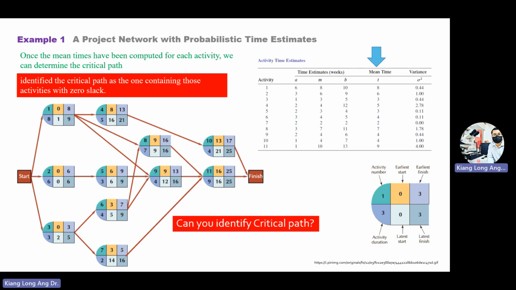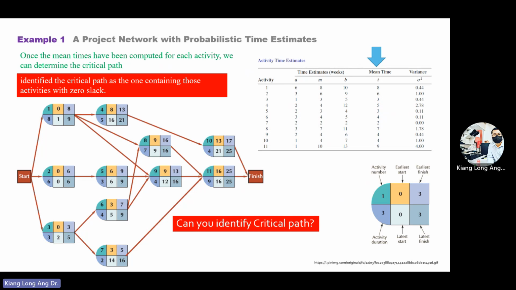Anyone else? So here if you follow the flow, you know what is the critical path. Which one? No, you see this one to here, this one to here.